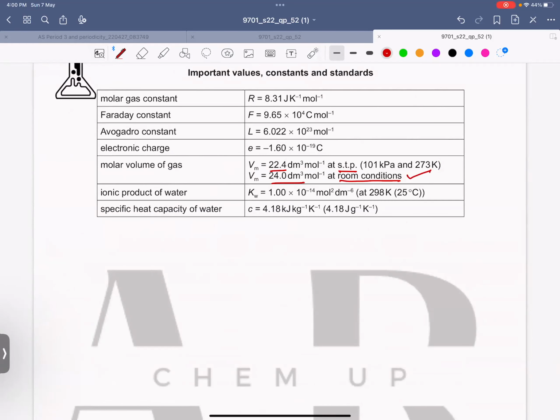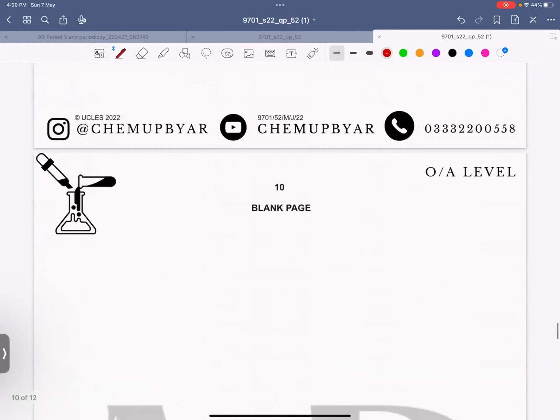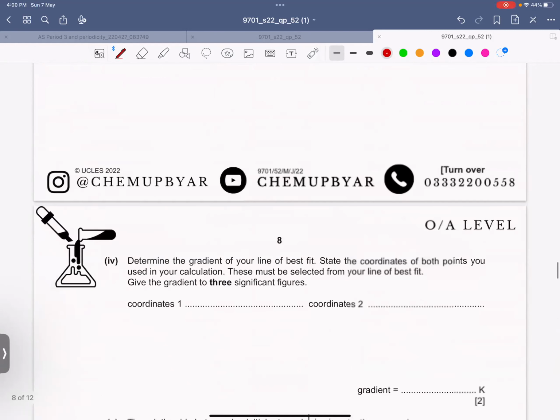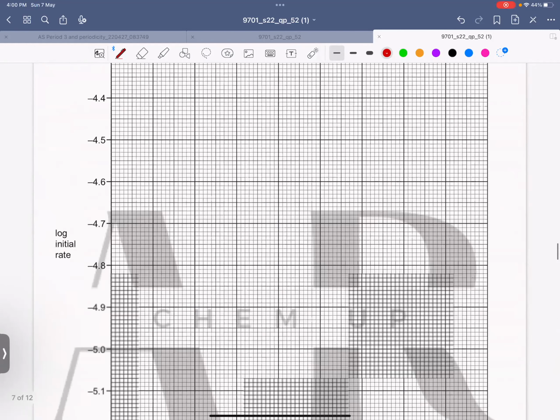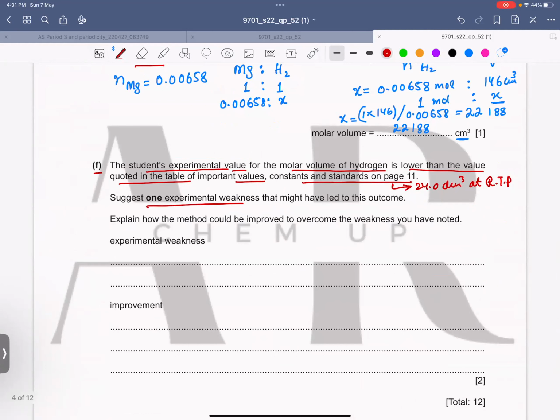But for this, we will be using the value at room temperature. Here they have provided 24.0 decimeter cube at room temperature and pressure. Suggest one experimental weakness that might have led to this outcome.